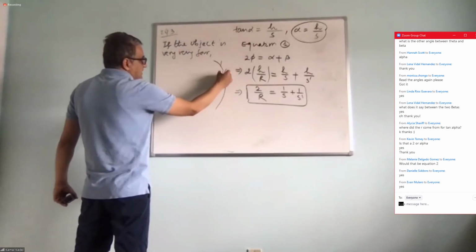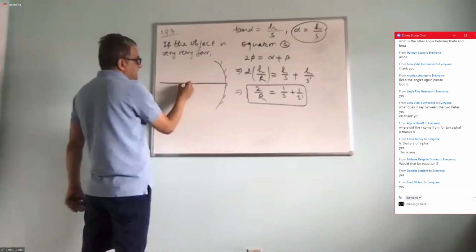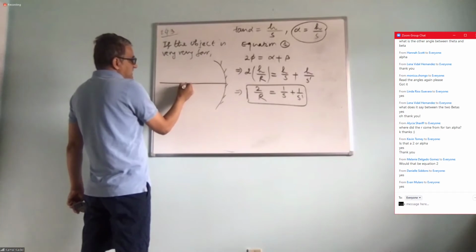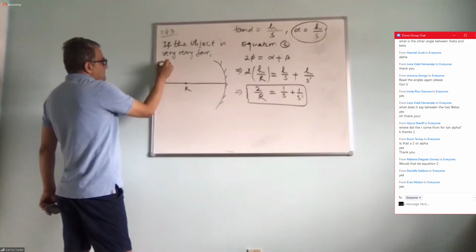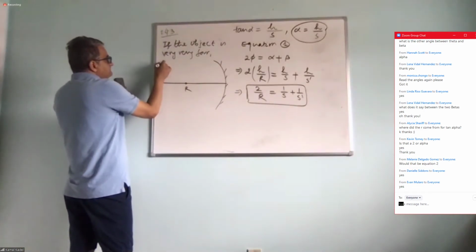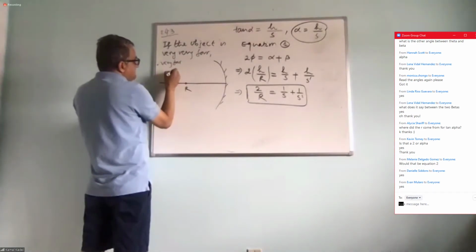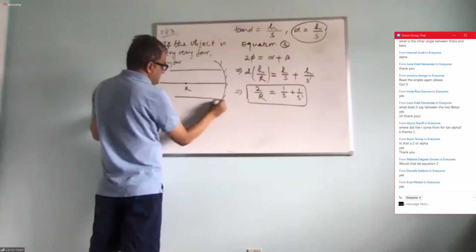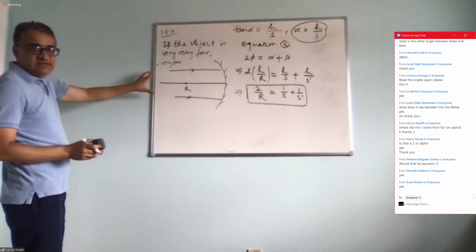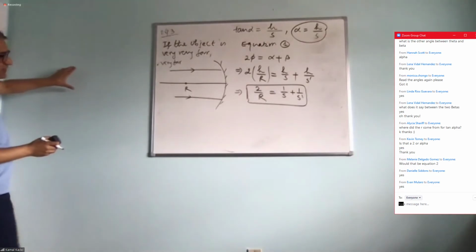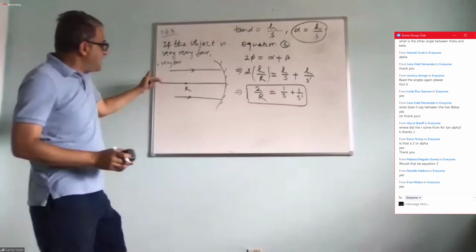So let's see here. This is our concave mirror. This is the radius of curvature here. But if the object is very far, coming from very far, that means light will come like this, parallel to the surface. If the light is from very far, then those light rays will come parallel to this line.